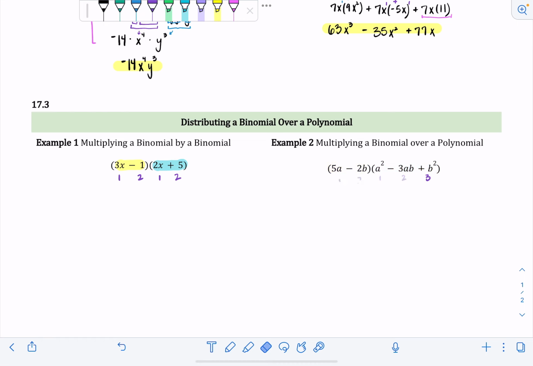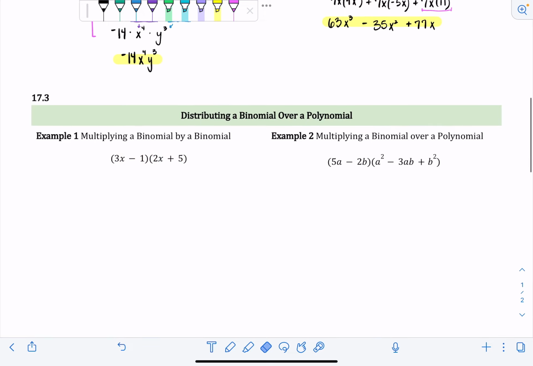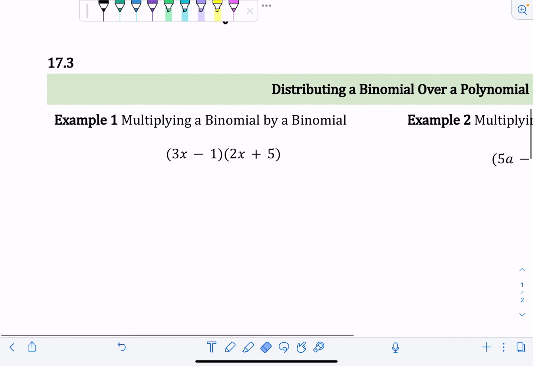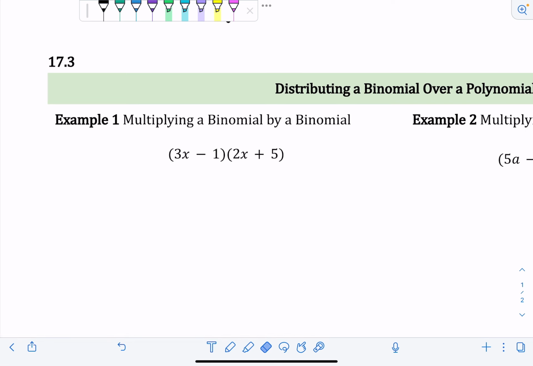Okay, so for example 1, when we are multiplying a binomial times a binomial, there's this trick that we use to help us remember the order that we can multiply in. The trick is the word FOIL, like tinfoil.